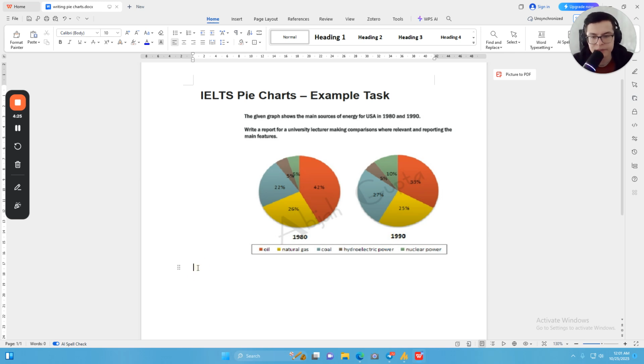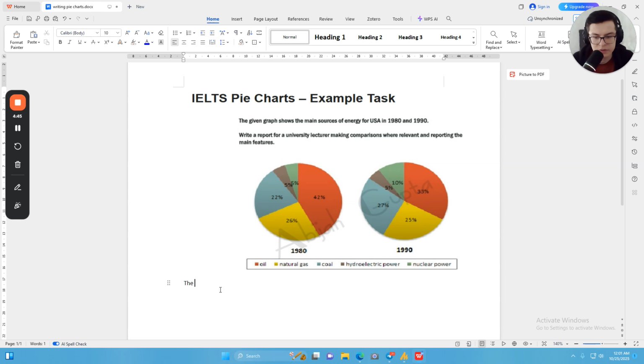So let's say I may write like this, and actually, you can create your own just looking at mine. So I would say the given graph is shown, or maybe illustrated.